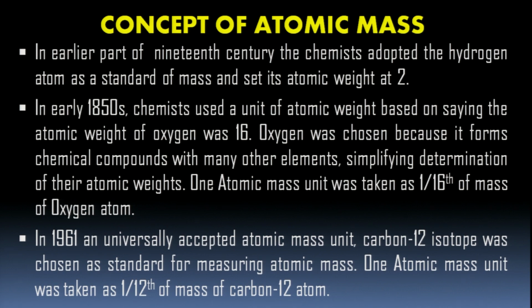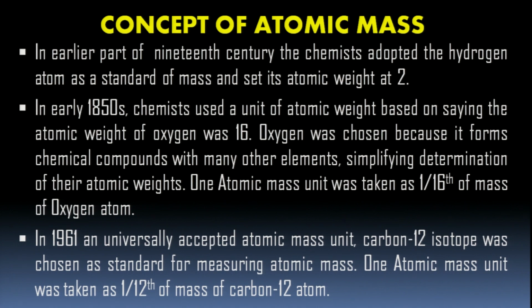Finally, which was considered and we are still following it, that is in 1961, nearly after 90 years, the universally accepted atomic mass unit, that is carbon-12 isotope, was chosen as standard for measuring atomic mass. Why is the word carbon-12 there and isotope there?